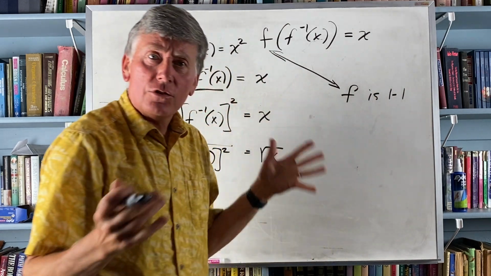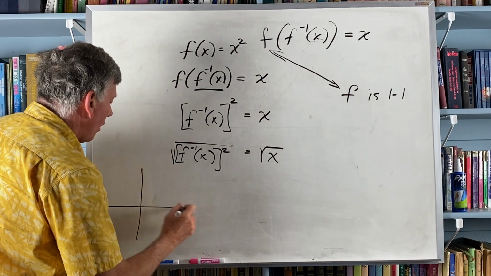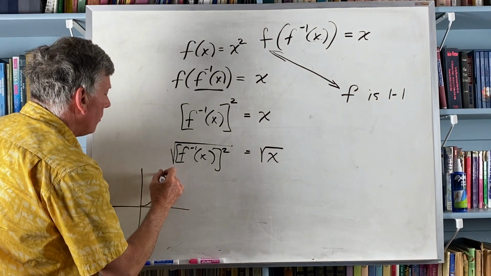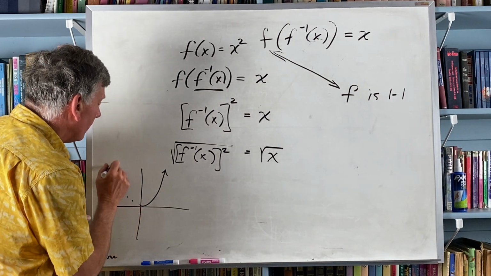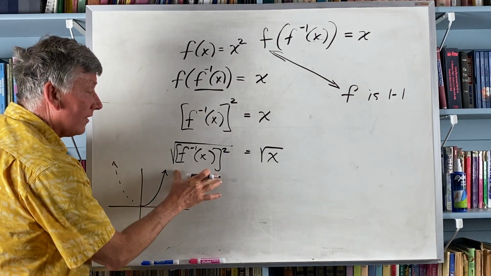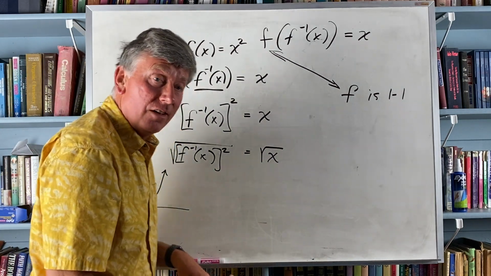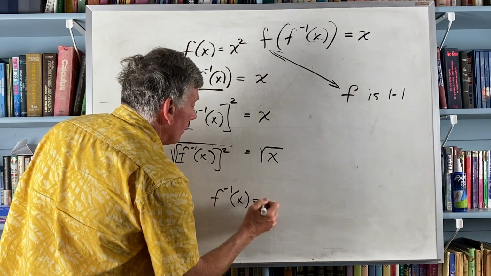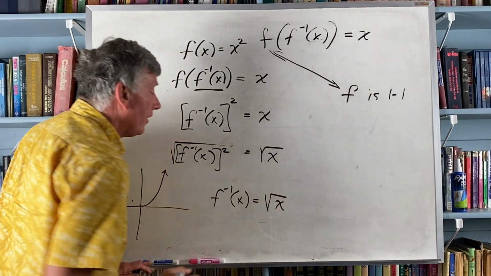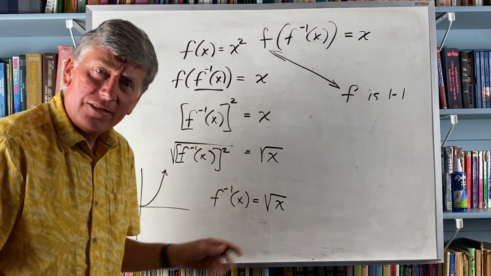And as you see on your graph, that makes sense. I can only talk about this portion of the parabola. I can't talk about this portion. So in this case, I have only the positive result. f inverse of x is equal to the square root of x. That's my inverse function.